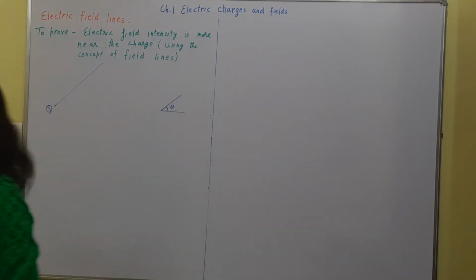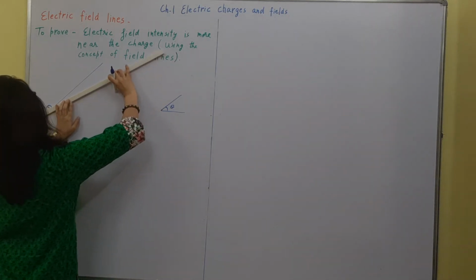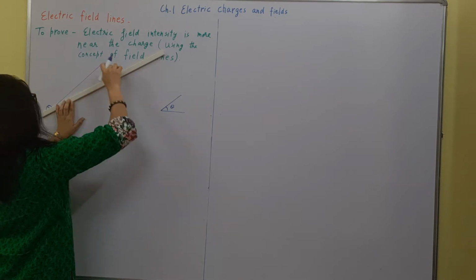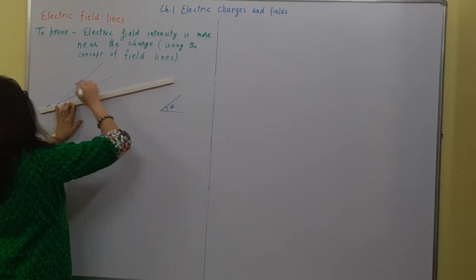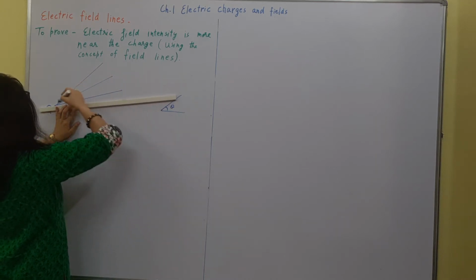So I hope this is clear. Now we can proceed to understand how I have drawn this diagram. From that cone, I am showing electric field lines which are emerging outwards from this cone.